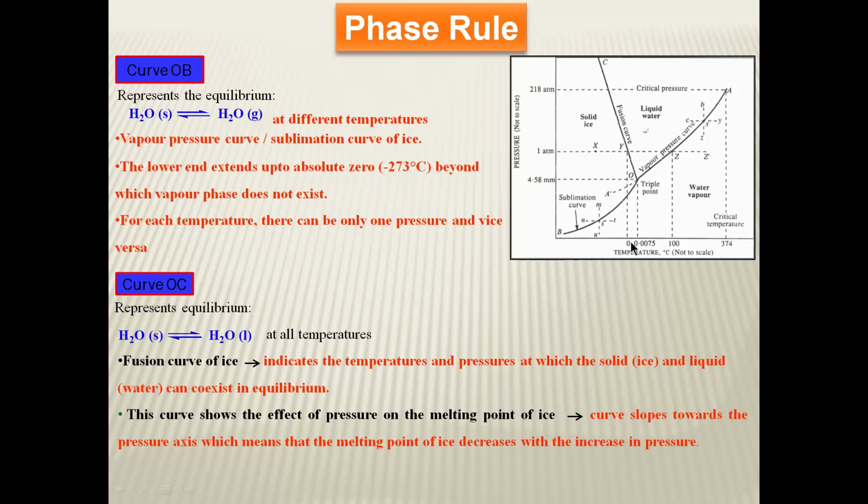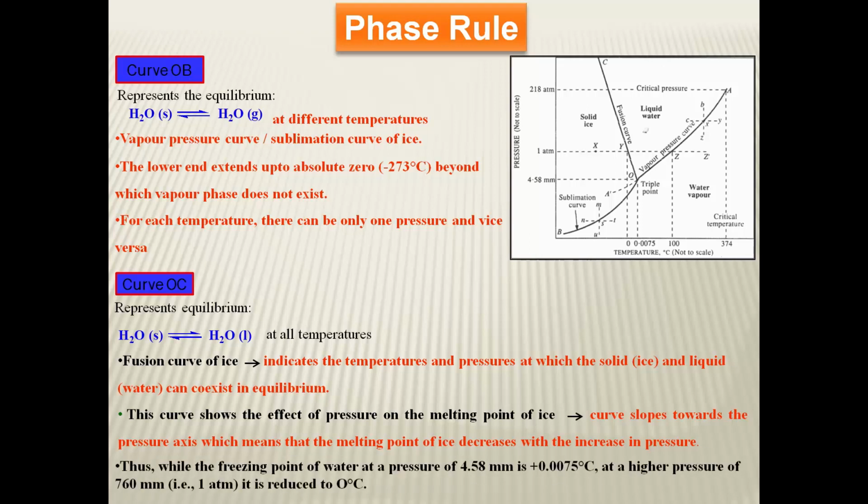But if I increase the pressure to 1 atmosphere, the temperature is reduced to 0 degrees centigrade. So this curve shows the effect of pressure on the melting point of ice. Next, as I discussed already, 4.58 mm corresponds to 0.0075 degrees centigrade, and as I increase the pressure, it is reduced to 0 degrees centigrade.